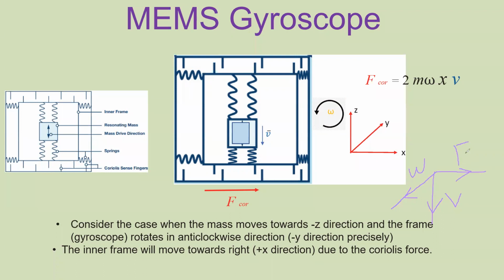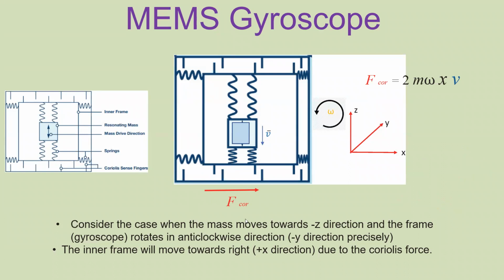So the Coriolis force will be towards the right. In this case, it will be towards positive X. Previously, it was towards negative X. So this is very simple to understand if you understood Coriolis force.